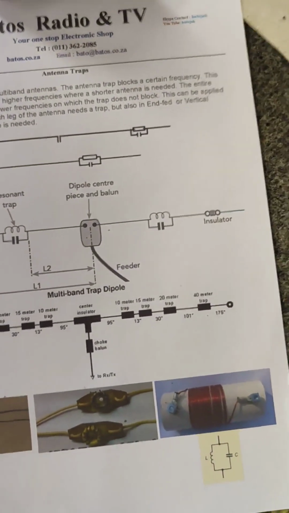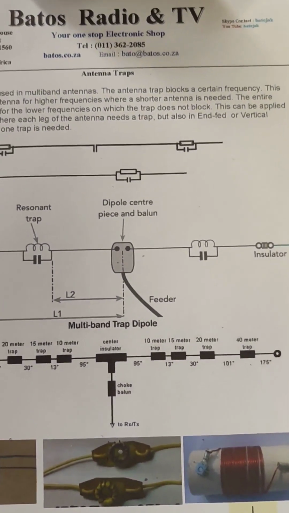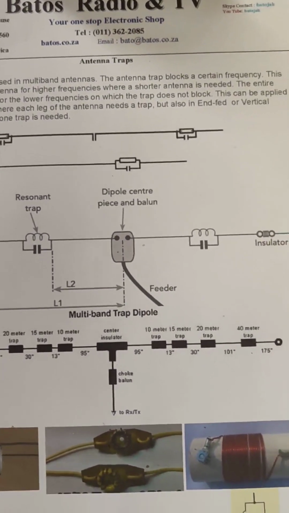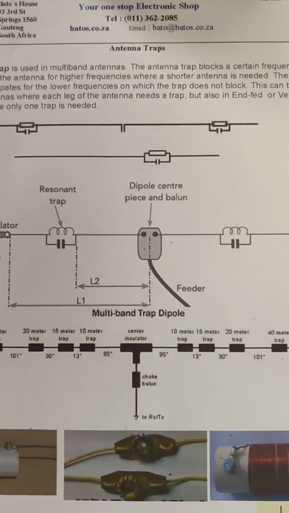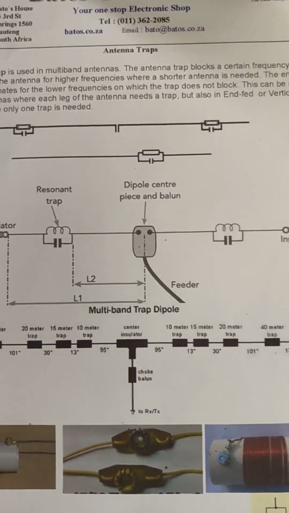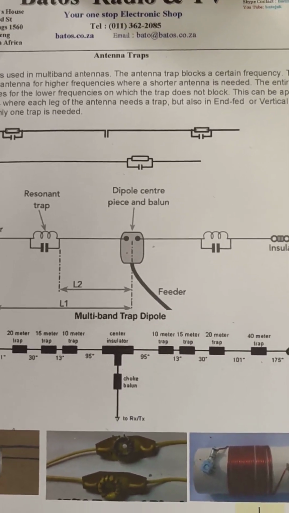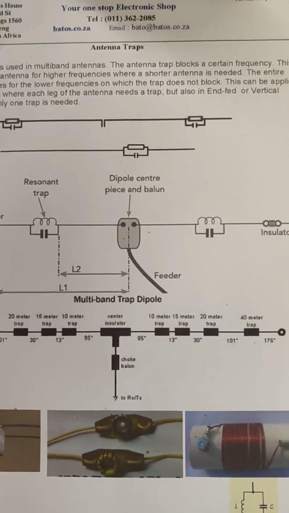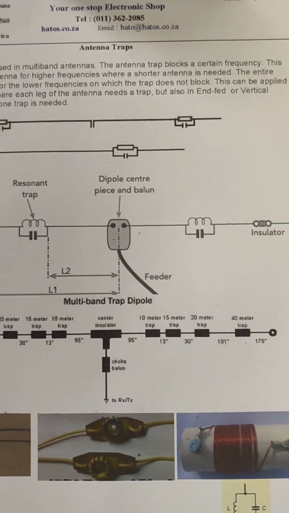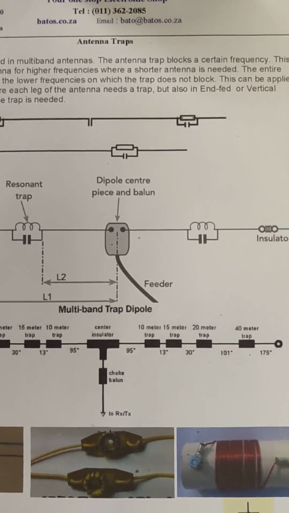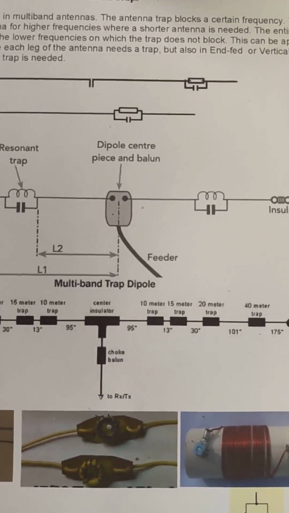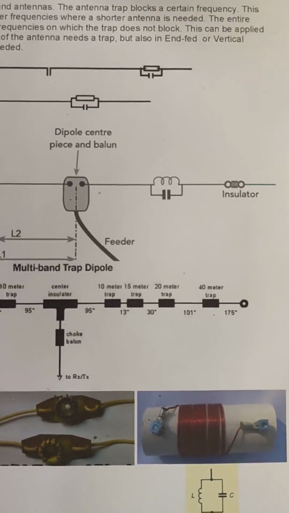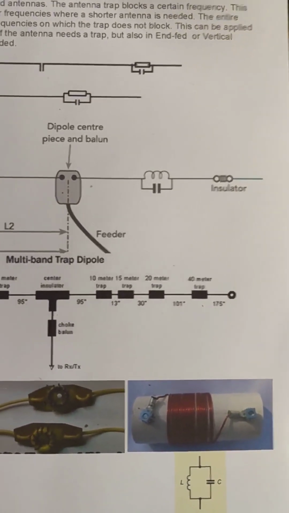Just to repeat anyway, for those who haven't seen the previous video: the antenna trap blocks a certain frequency. This shields part of the antenna for higher frequencies, where a shorter antenna is needed. The entire antenna participates for the lower frequencies, where the trap does not block.